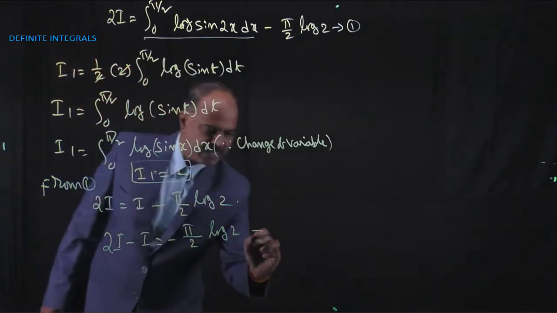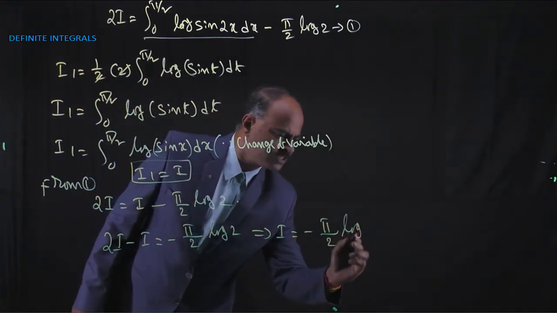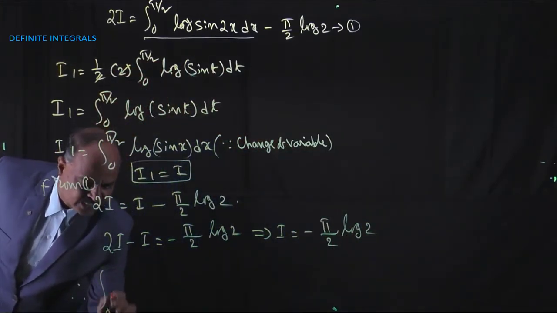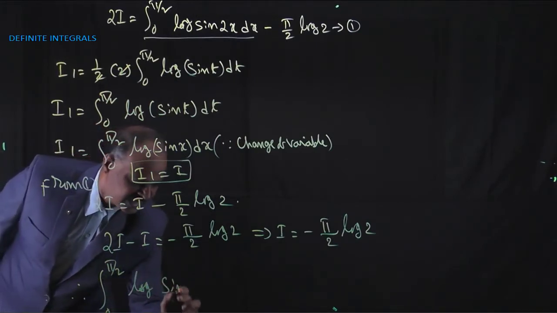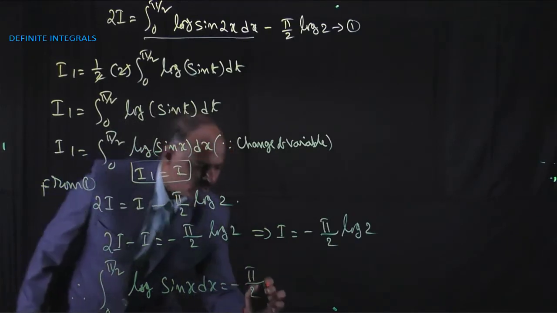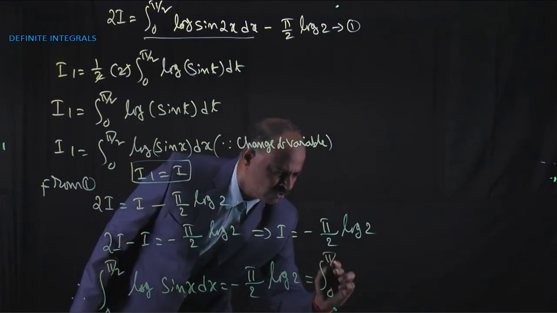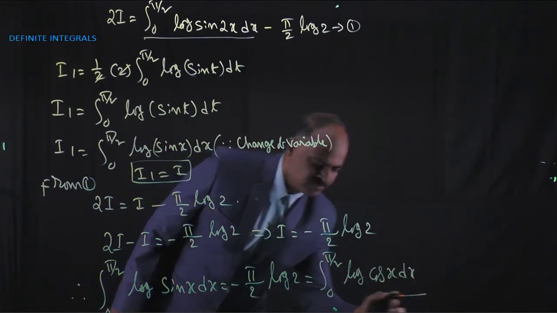So this implies I equal to minus pi by 2 log 2. Therefore integral 0 to pi by 2 log sin x dx equal to minus pi by 2 log 2, that is equal to integral 0 to pi by 2 log cos x dx.